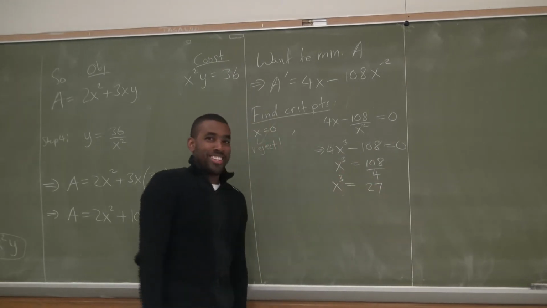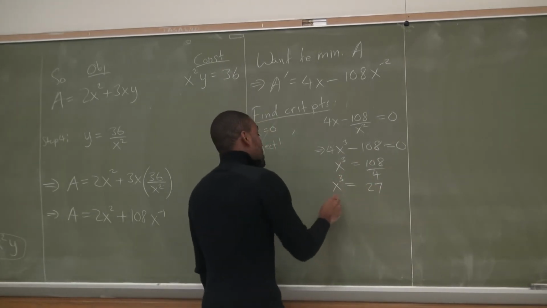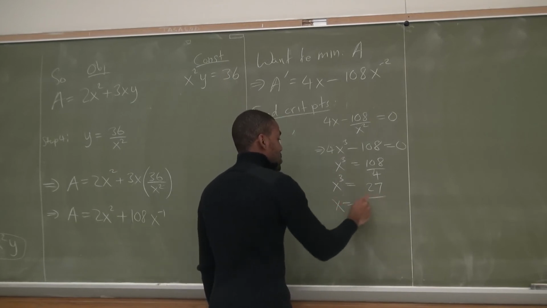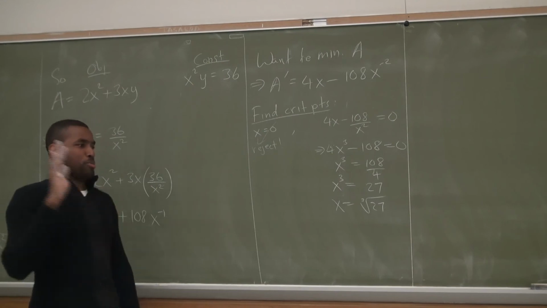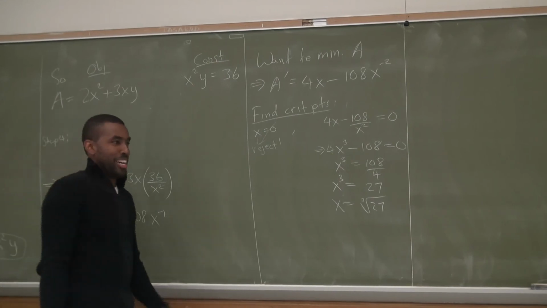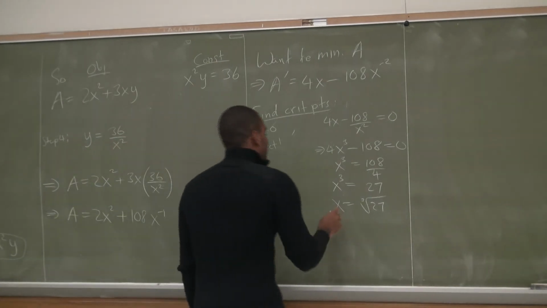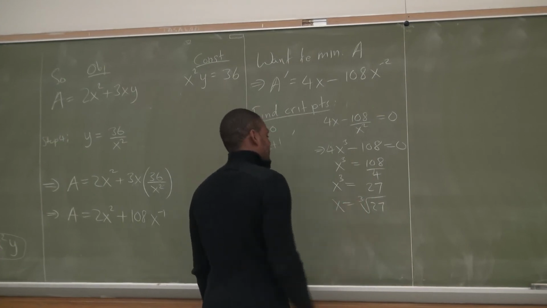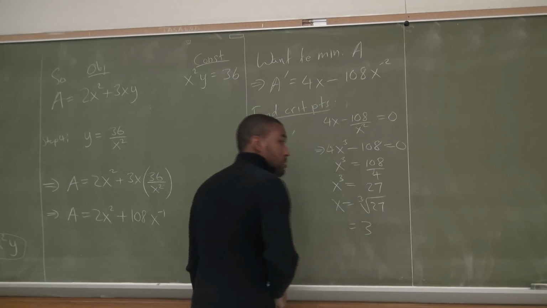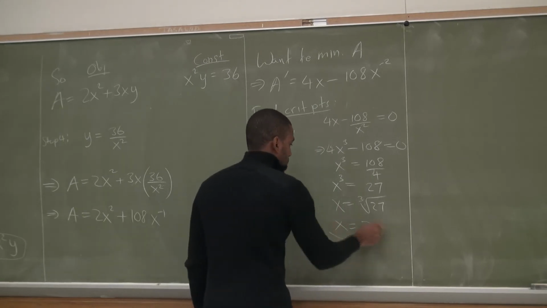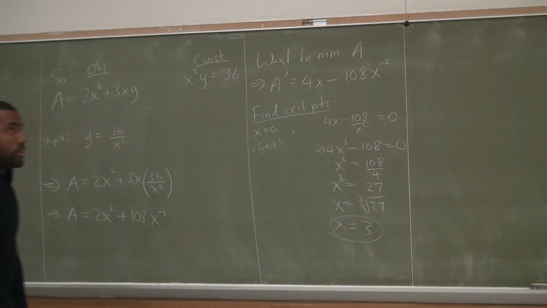The problems in your homework aren't that nice. Okay, so x is equal to the cube root of 27. Yeah, you think I'm kidding. Okay, so that would actually be 3, right? So x has to be 3.